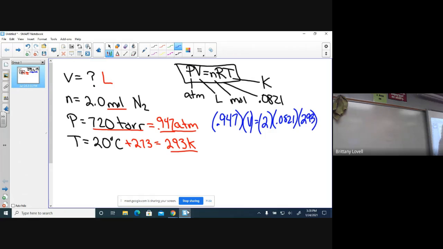Okay, so I'm going to go ahead and say 0.947 V is equal to 2 times 0.0821 times 293. I got 48.11. And then to solve for V, of course, divide both sides by 0.947.